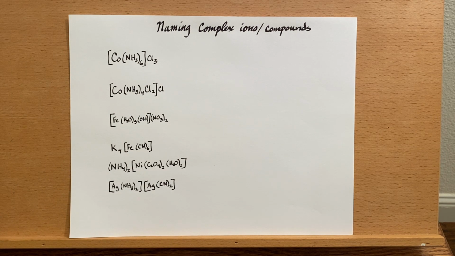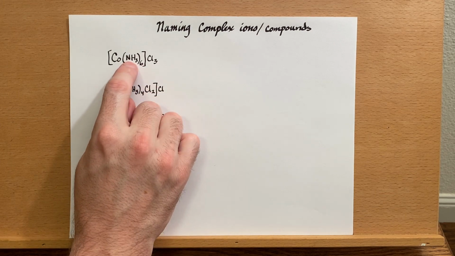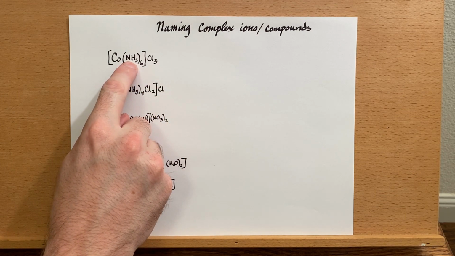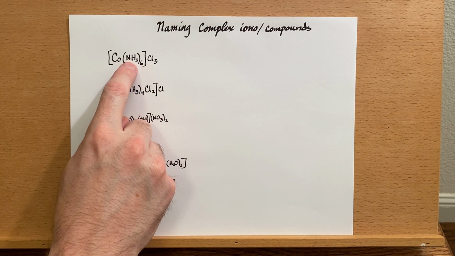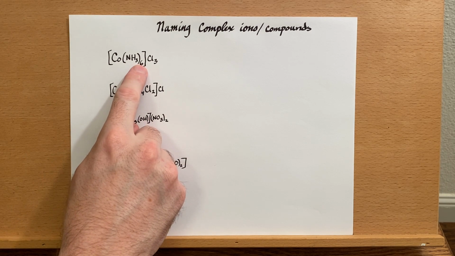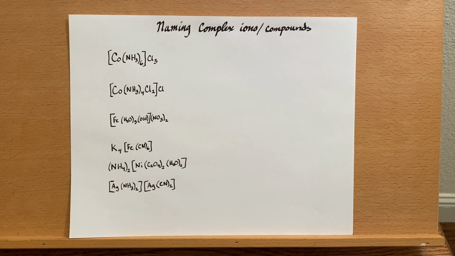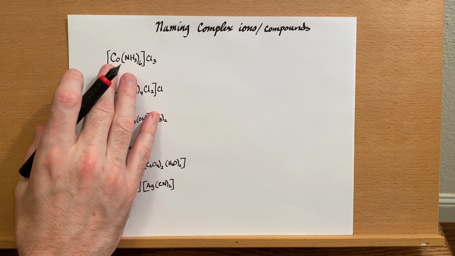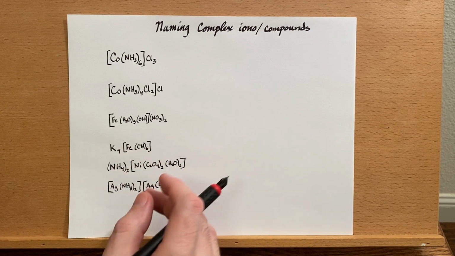Now, ligands have their own little names. This is an ammonia group, but when it's bound to a metal, we call it amine. And there's 6 of them. So, we say hexaamine cobalt 3, because that's the charge of the cobalt, and then chloride.